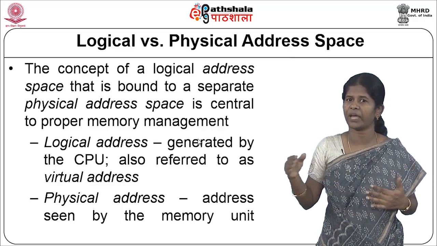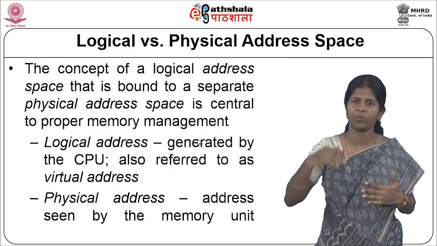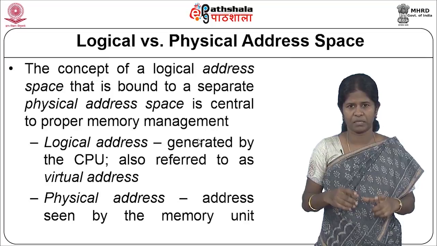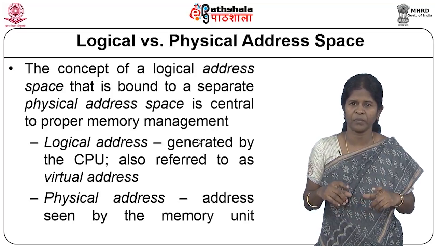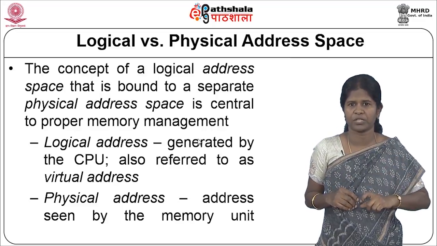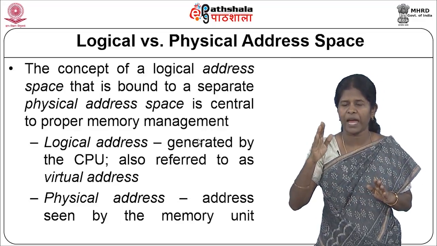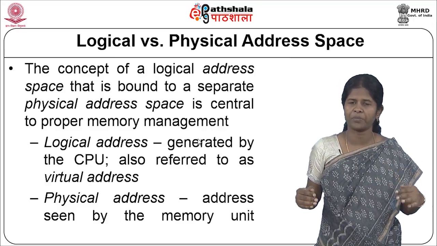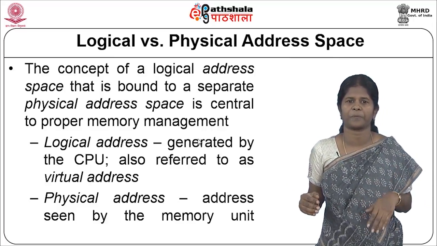So, similarly each and every process will have its own 0 to max values, and now these programs will be put onto the main memory at specific memory locations. So, these addresses, that is 0 to max for this process, will be mapped onto some physical memory location.